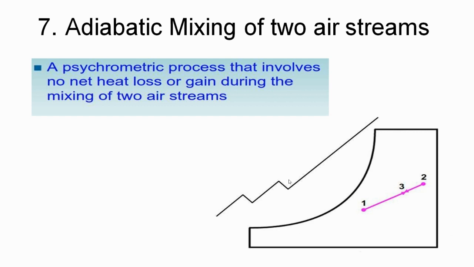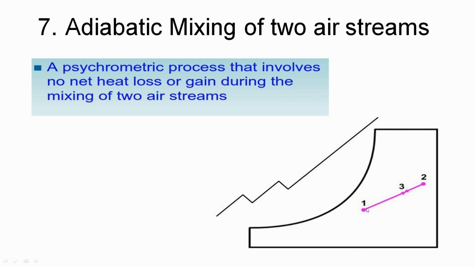So what exactly is adiabatic mixing of two streams? We will see that first, and then we will solve a numerical. A psychrometric process that involves no net heat loss or gain during the mixing of two streams is called adiabatic mixing of two streams. In the chart here, we can see point number 1 and point number 2.